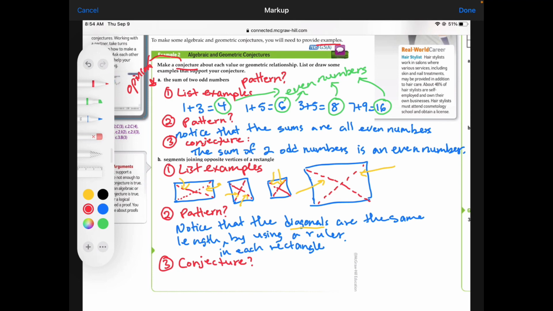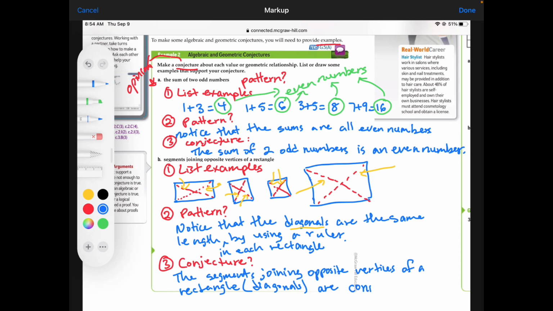Well, my conjecture could be that the segments, or those line segments, joining the opposite vertices of a rectangle, or the diagonals, are congruent. What does congruent mean? It means equal.